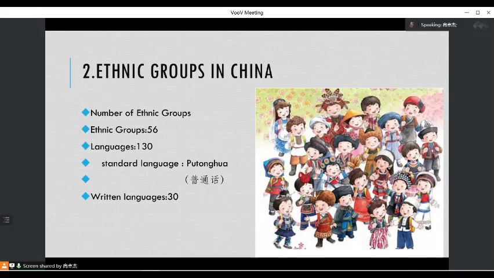So if you learn Chinese, you must be careful. If your teacher speaks their dialect, your Chinese will not be standard. And in China, all teachers are required to speak Mandarin in class.